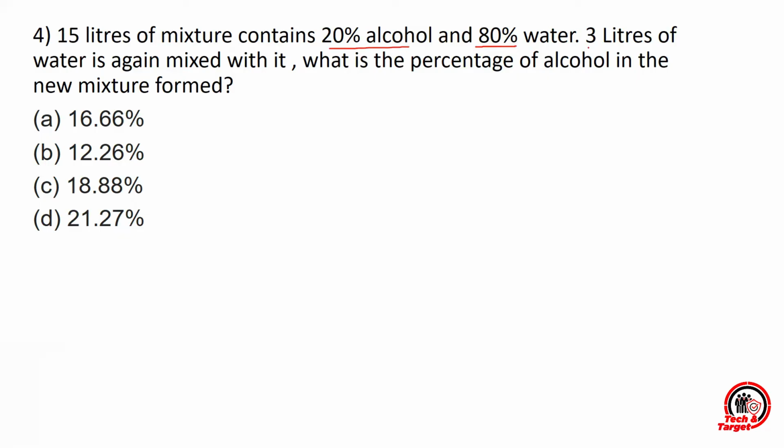And they say that 3 liters of water is again mixed with the given mixture. What is the percentage of alcohol in the new mixture? First of all, the total mixture was 15 liters, and in that 20% will be alcohol, right? So totally there is a 15-liter mixture, out of which 20% is alcohol and 80% is water, right?